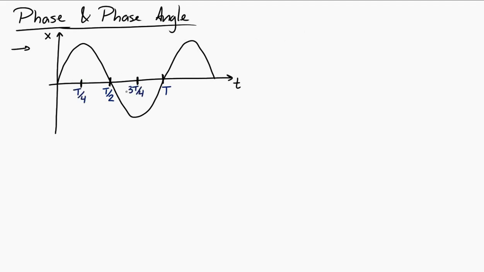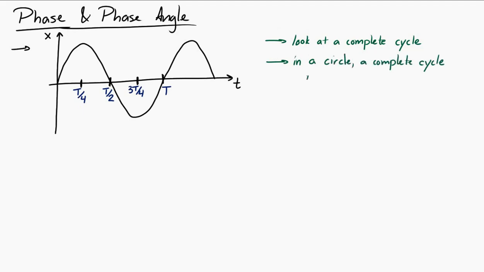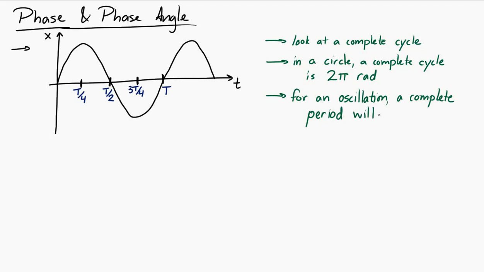But if we think about this in terms of a phase angle, the idea here is that we're going to look at a complete cycle. And if it's a complete cycle, we're going to do a comparison to a complete cycle in a circle. If it was going around a circle once, we would say that it went around 2 pi radians. Well, here we're going to say that if it completes one full cycle of oscillation, it also completes 2 pi radians.